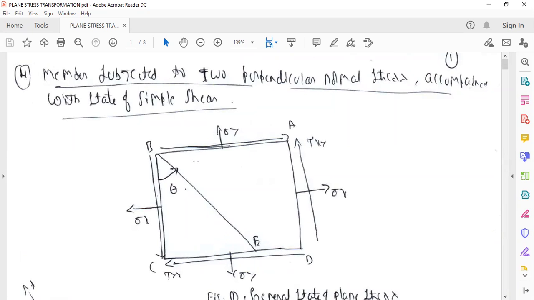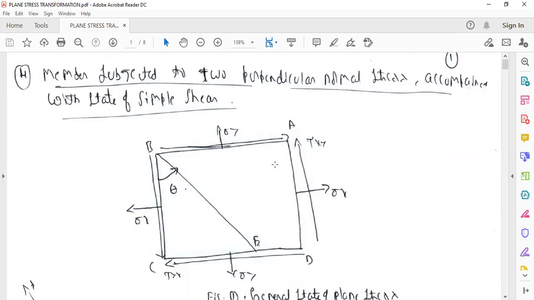What we have discussed: first, we'll resolve the forces. Next, we'll find the normal stress and the tangential stress, and then we'll find the planes on which the maximum principal stress occurs. We'll substitute that into the normal stress equation and find the magnitude of principal stresses, sigma 1, sigma 2. Next, we'll go to the tangential stress.